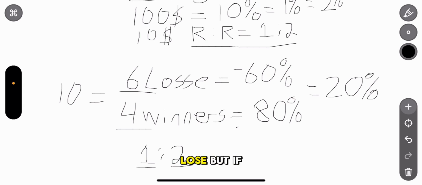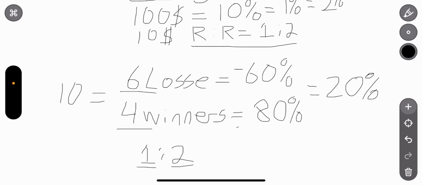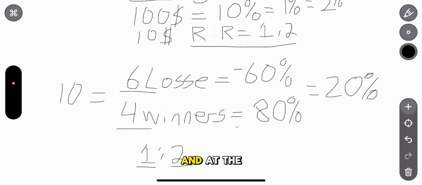Okay, so you will lose, but if you do your risk management the correct way, right, your losses are not going to be bigger than your winners. And at the end of the week, at the end of the month, you should still be in profit if you manage your risk the correct way, using the risk to reward, or R, that we talked about in the previous video.